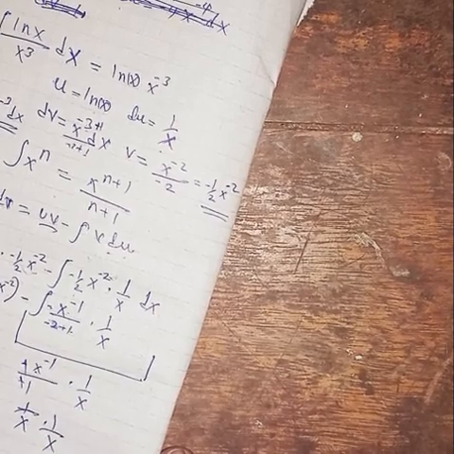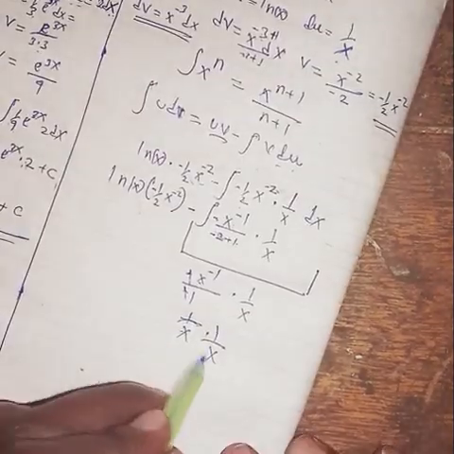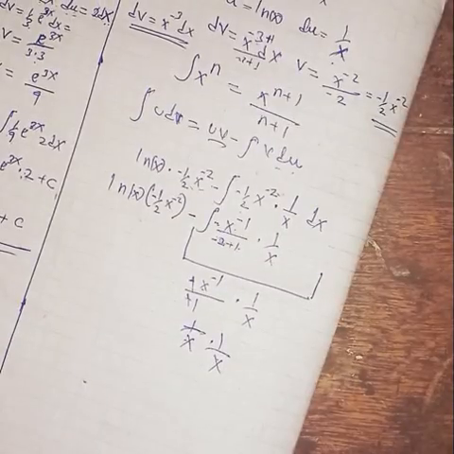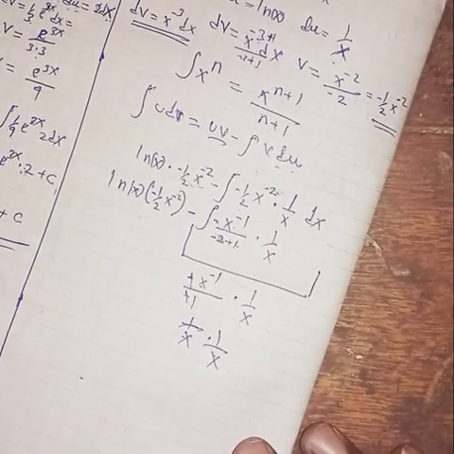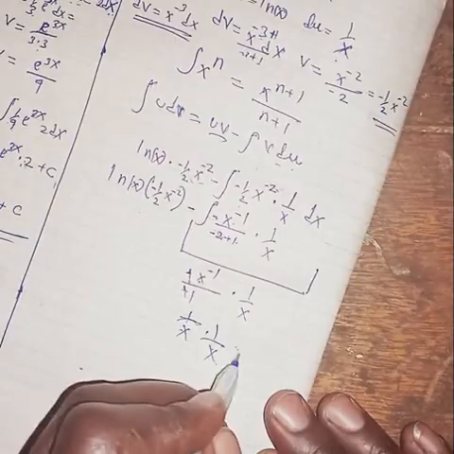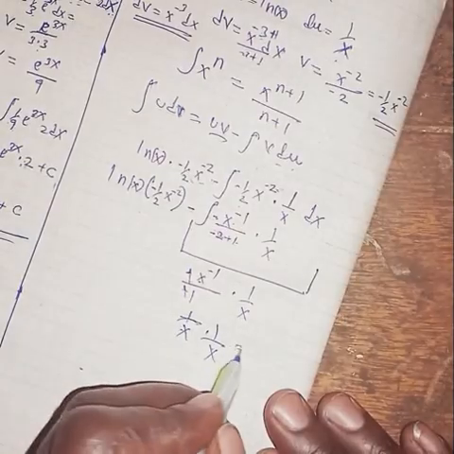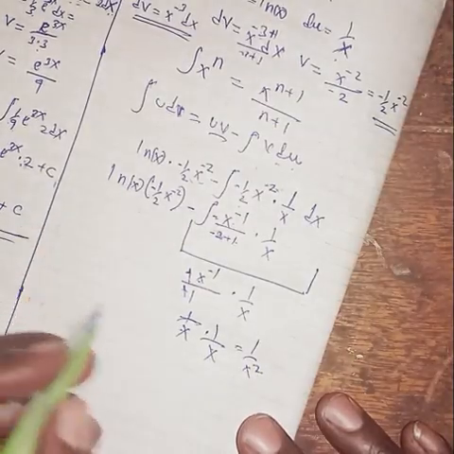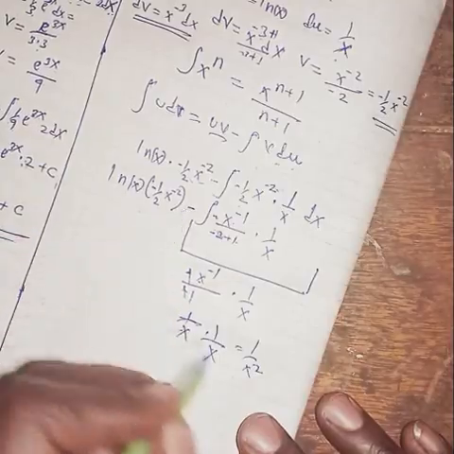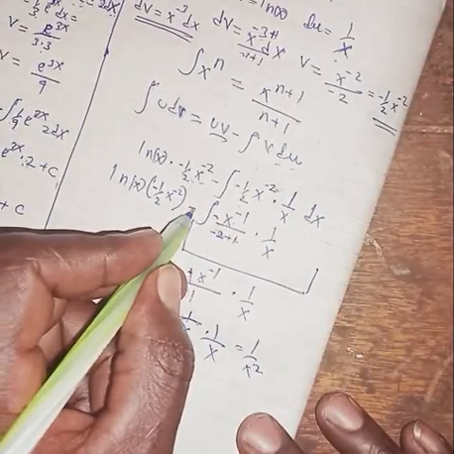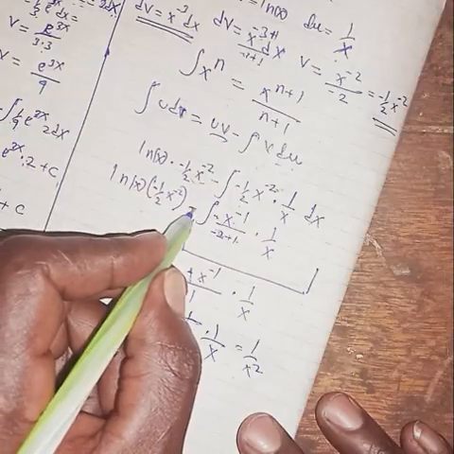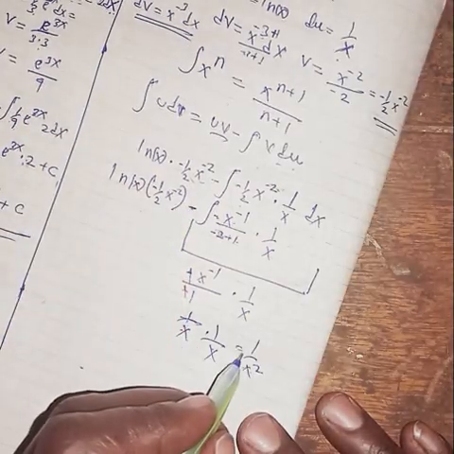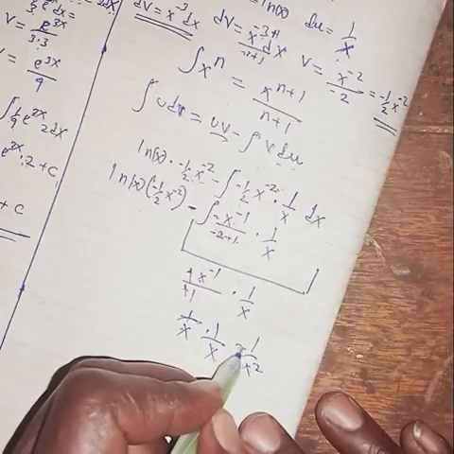This one is just like 1 over x. So when you multiply all of it, it will be 1 over x square. Remember, it was inside the negative, so it will be negative here.